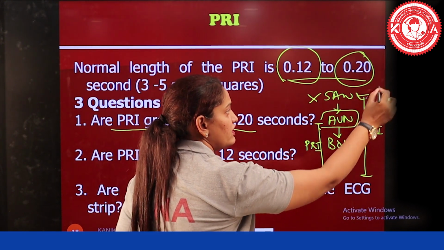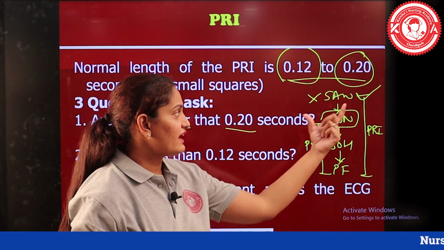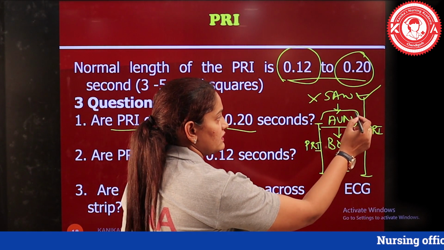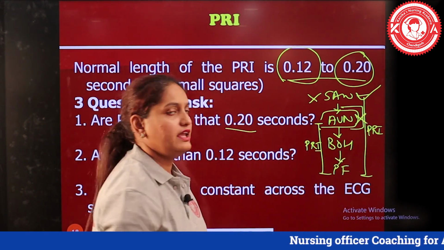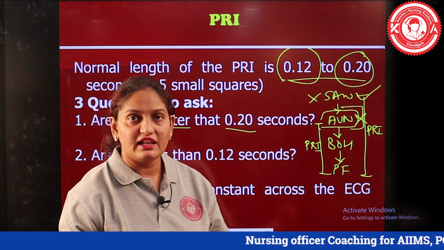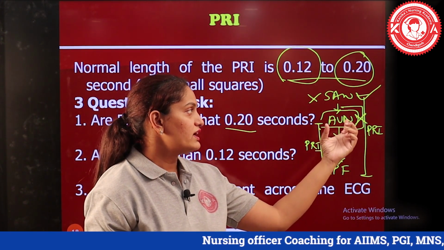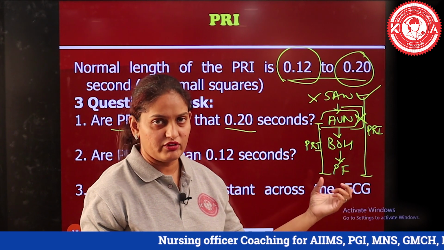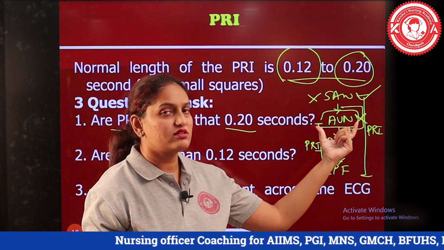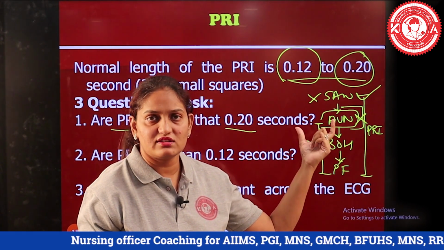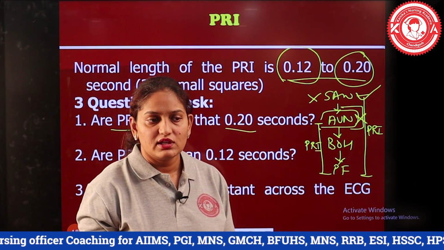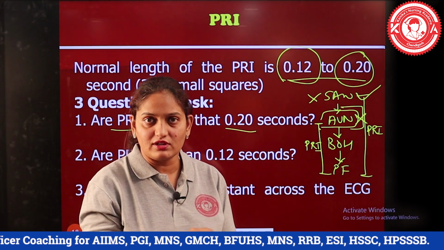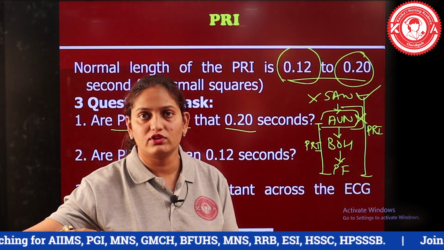the SA node is functional, but the impulses are getting blocked at the AV node. There is a delay in transmission of impulse from the AV node to the ventricles. Because we have said that the AV node acts as a gatekeeper, and what is the function of a gatekeeper? It holds the person at the gate for some time and then only allows the entry of the person inside.